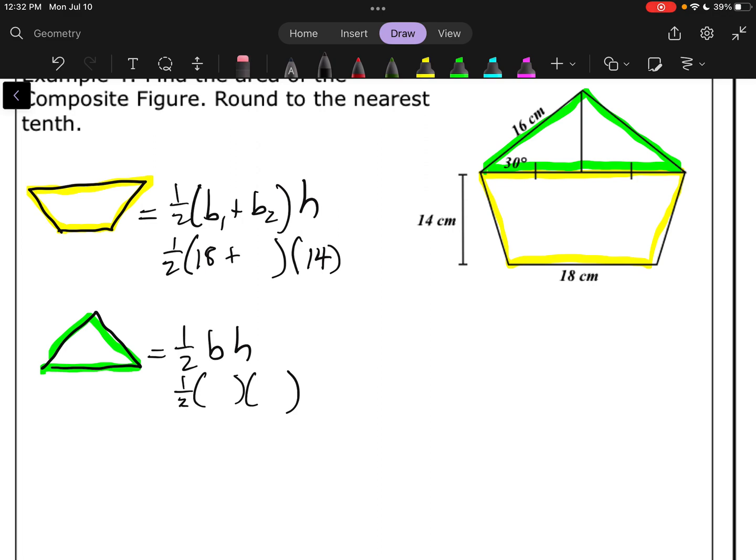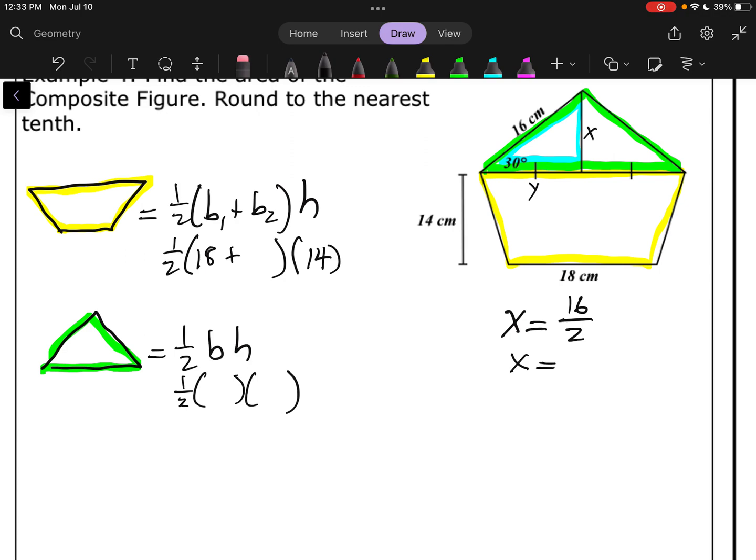Now all of a sudden my mind's thinking about that 30-degree angle, because that's making this blue triangle into a little 30, 60, 90 triangle. Now if that's a 30, 60, 90 triangle, the 16 is the hypotenuse, which means, let me just call this x and this y. X is the short leg, which means that x should be the hypotenuse divided by 2.